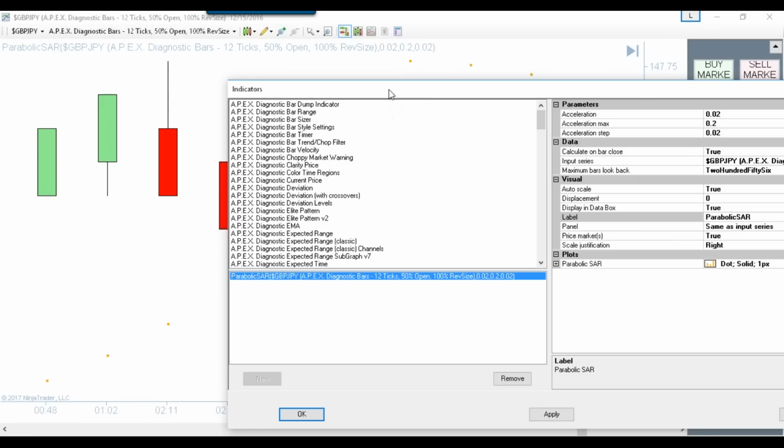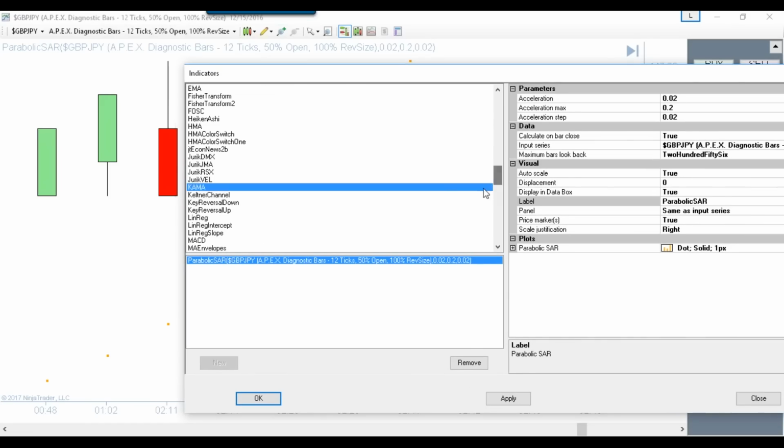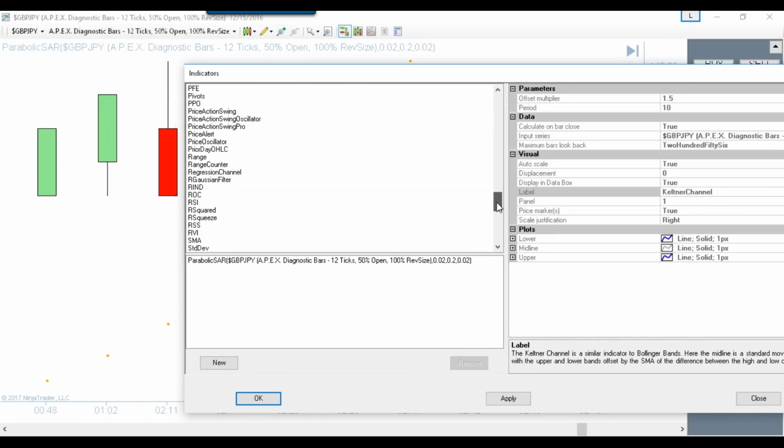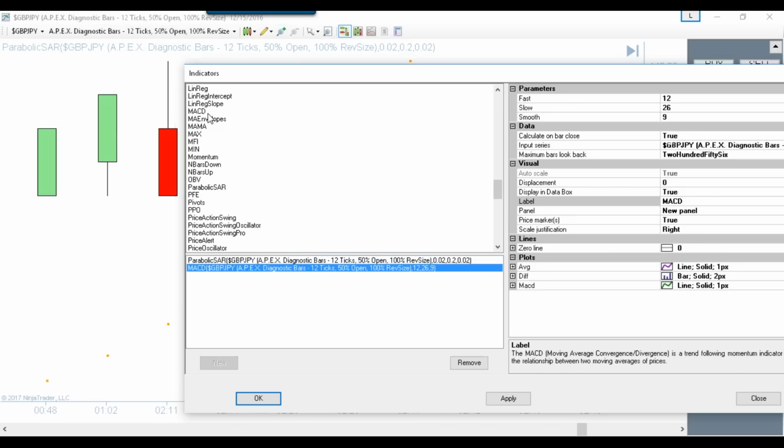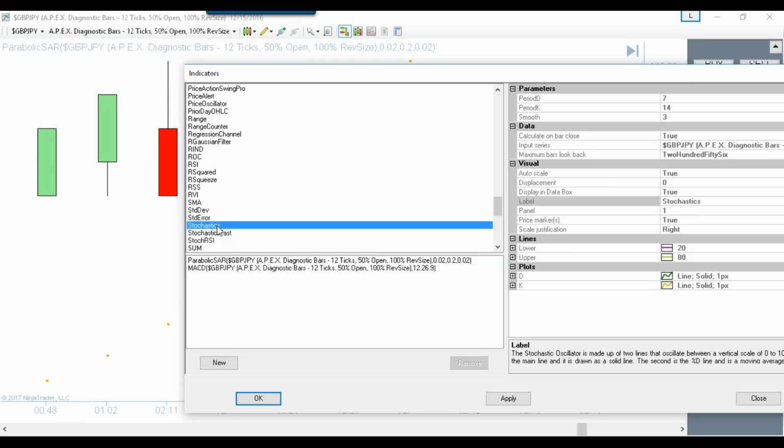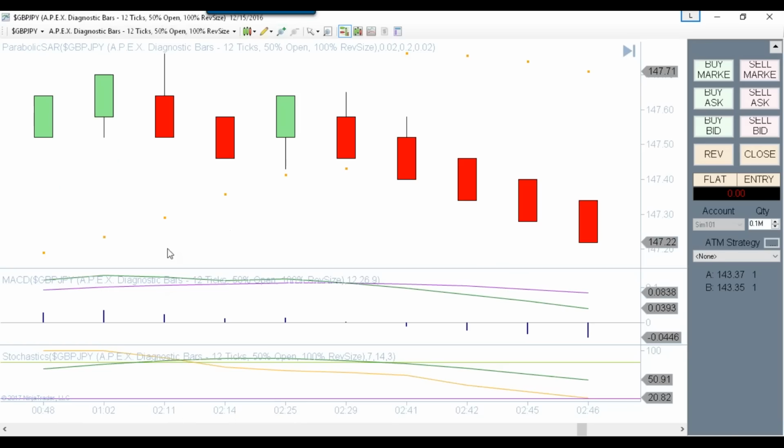Or some of you like to use, let's say, stochastics or MACD, right? So you want to throw on a MACD and you want to throw on a stochastics. You're like, okay, I like that. Well, look, right here, the MACD or the stochastics crossed. Right here, the MACD crossed. I've got my SAR going short. Okay, I'm feeling really, really good about this, right?